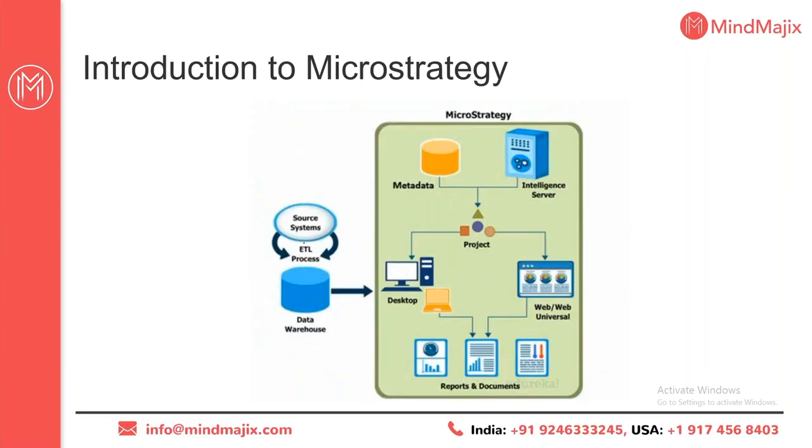Now let me walk you through a little bit of the whole process flow of MicroStrategy development. So basically it starts with collecting data at the source system. This is something which is done outside the MicroStrategy environment. Okay, so source systems are your data sources. For example, take a CRM application, an ERP application, or even a retail store, for example, Walmart.